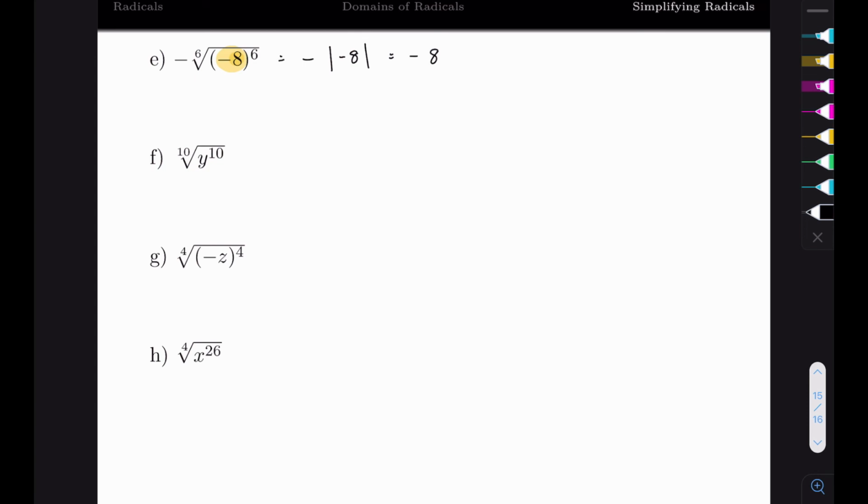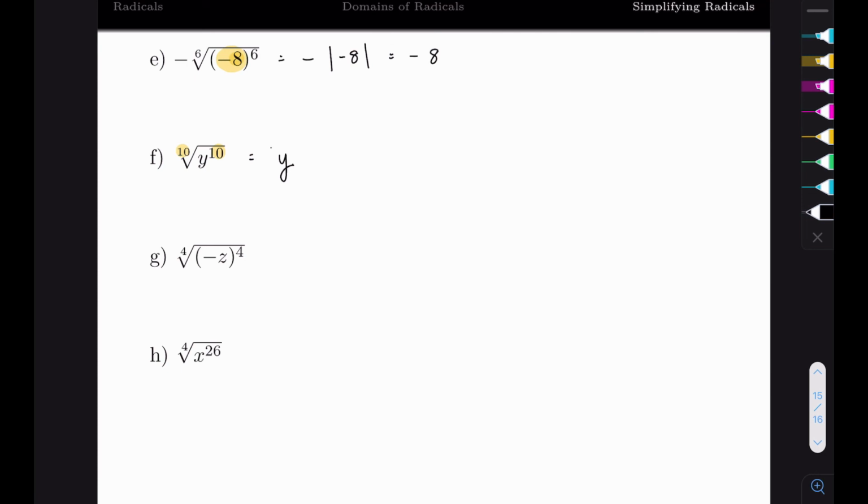For this next one, 10th power and 10th root also cancel each other out. And so this is where your book kind of takes some liberty. We would say that this is just y, and there's no problems, we're going to assume that y was a right value to make this expression make sense.